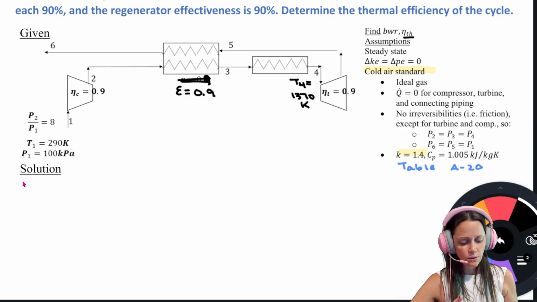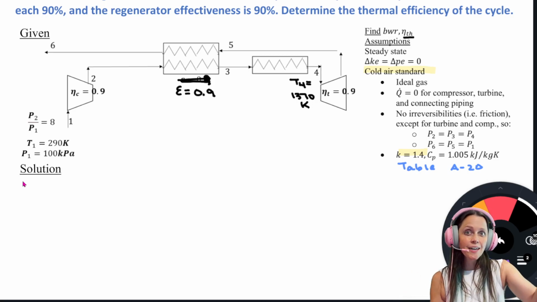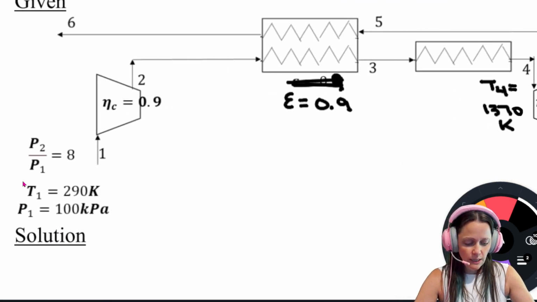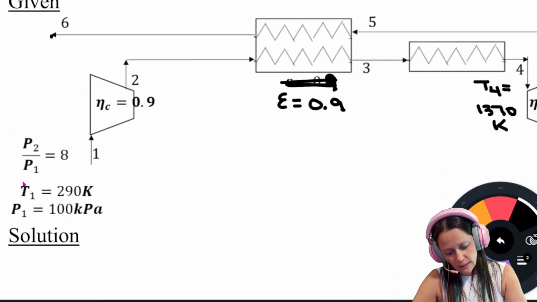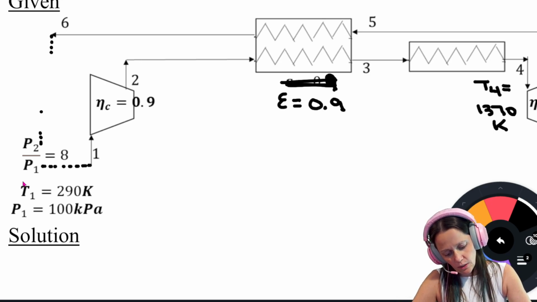Now, one thing that you'll notice is that this is not a closed loop, because remember, the gas turbine engine is not a closed loop. But what we do is we imagine that the exhaust process is really replaced with an imaginary heat exchanger.